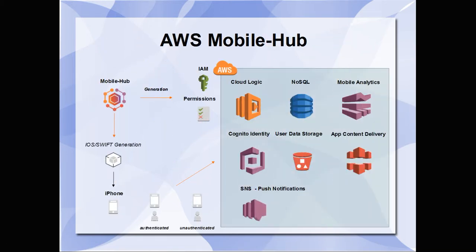Okay, so what is the AWS Mobile Hub? Loosely speaking, it's a dashboard where you go and generate a mobile application that uses Amazon Web Services in the back end.